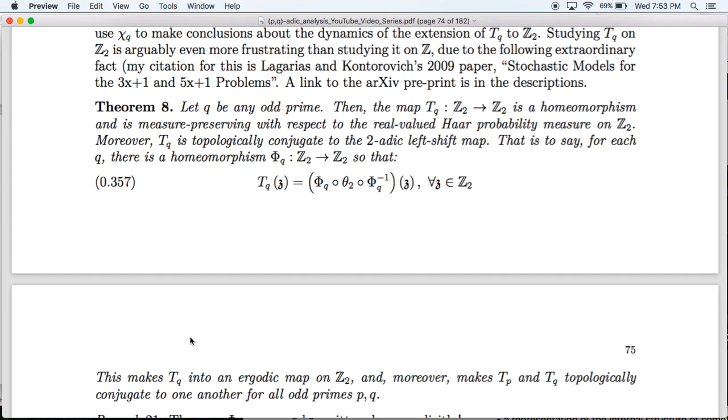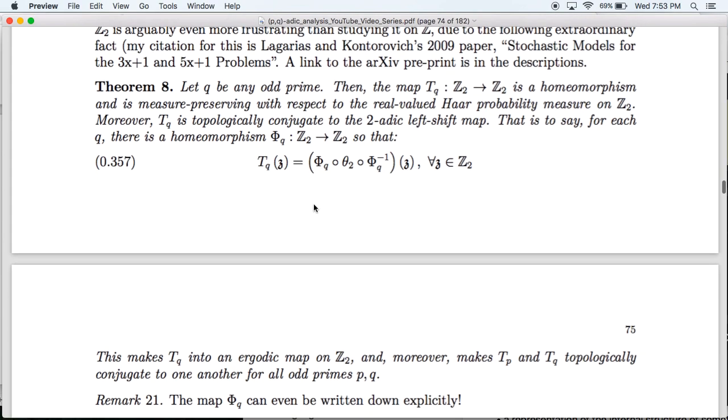That is to say, for each q, there is some homeomorphism of the two-adic integers, big phi q, such that big phi q of theta 2 of big phi q inverse is equal to tq. So this makes tq into an ergodic map on z2, and moreover, since this works for any prime, this makes tp and tq topologically conjugate to one another over z2 for all odd primes p and q.